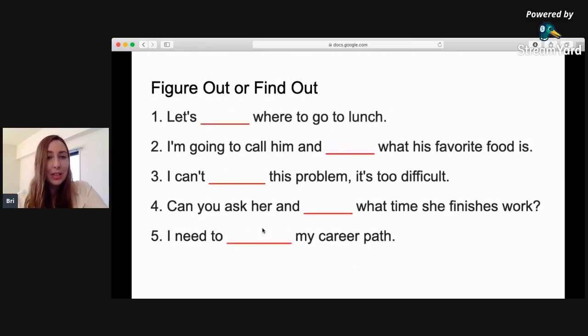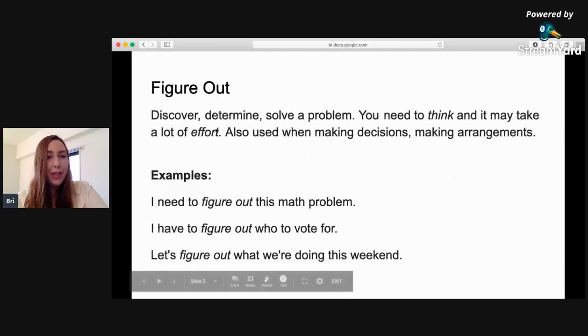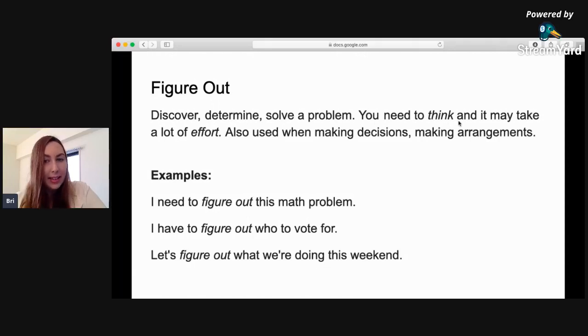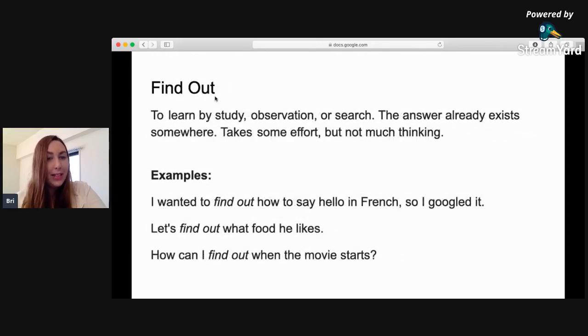Okay? So let's go back a little bit. Figure out, discover, determine, solve a problem. You need to think, and it may take a lot of effort. We can also use it when making decisions, making arrangements. Okay? Find out, to learn by study, observation, or search.